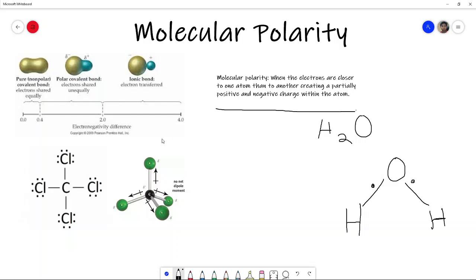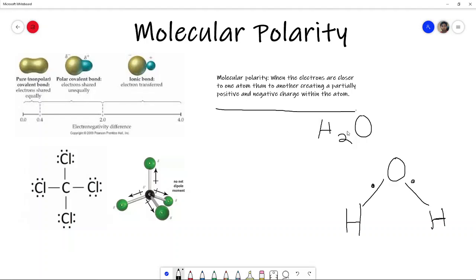The difference usually never surpasses 4.0 because that hasn't been recorded in the periodic table yet. Just know that electrons are transferred. So unlike covalent bonds that share electrons, electrons are totally transferred. So say H2O was formed by ionic bonds instead of covalent bonds, the hydrogen would donate its electron to the oxygen. So there would be no sharing involved.